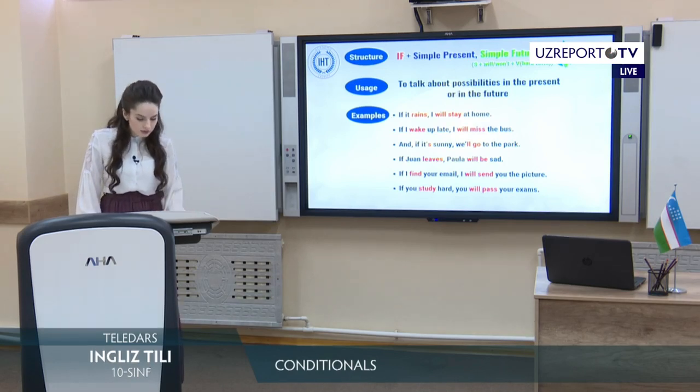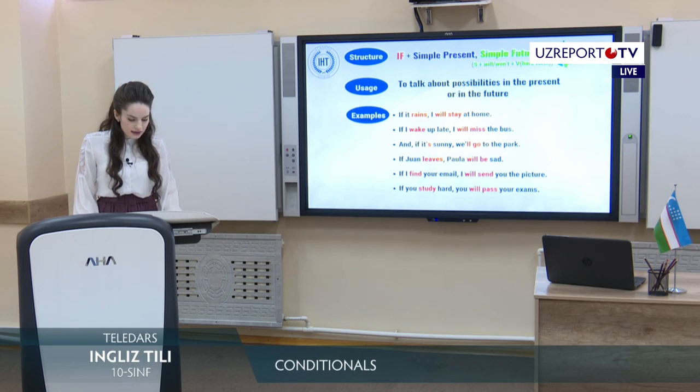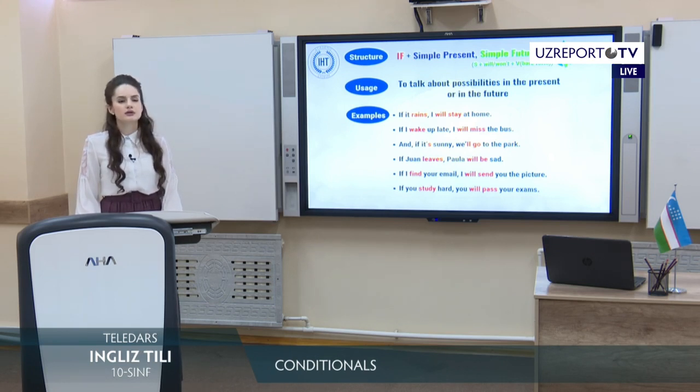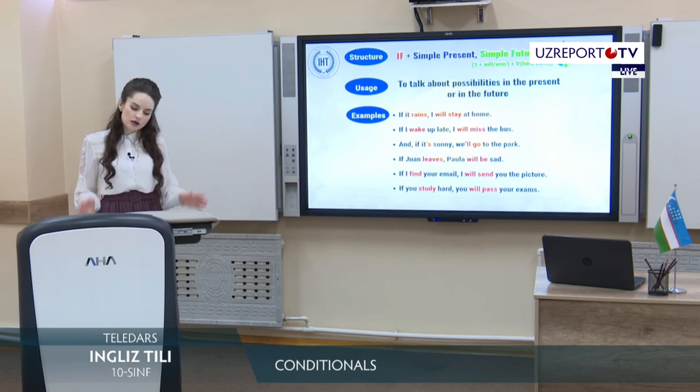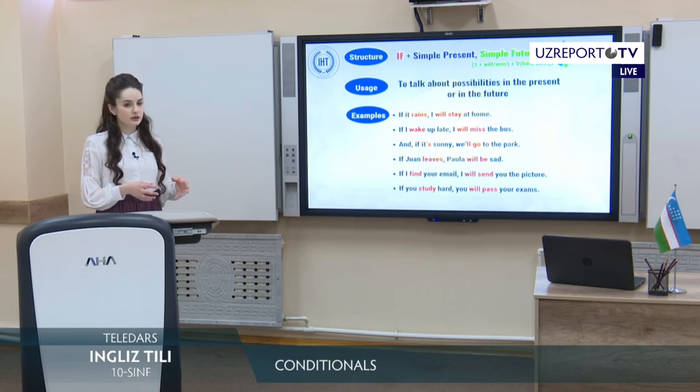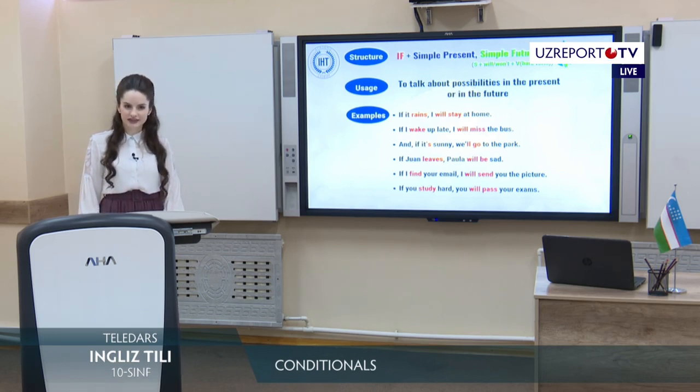Or pay attention to the next example: if it's sunny, we'll go to the park. So it is our plans for the future. I hope the difference between the zero and the first type of conditional sentence is really understandable.